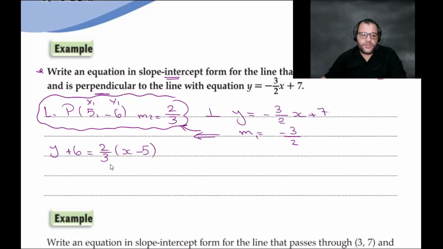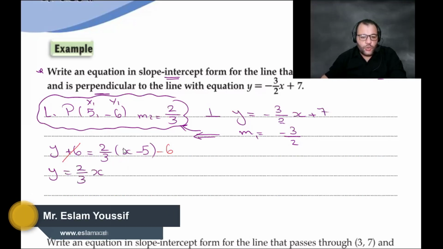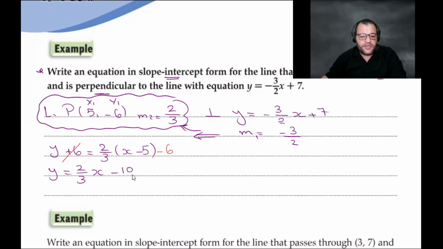Any problem for this one? No problem. You can move 6 to the other side by subtracting 6. Then y equals 2/3 times x minus 5, which is 2/3x, minus 10 over 3, minus 6.